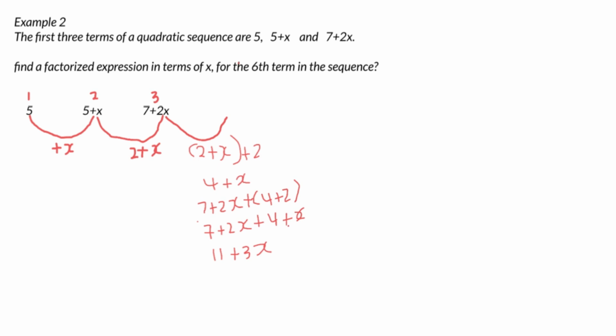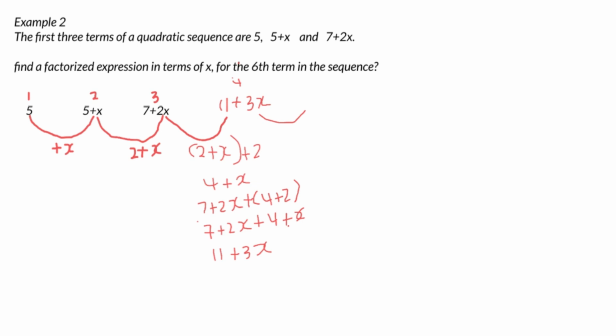I'm going to put it right here: 11 plus 3x. So we are going to do the same thing. This is our fourth term. We're going to do the same thing to get our fifth term and sixth term.